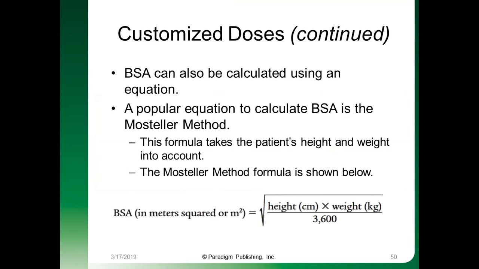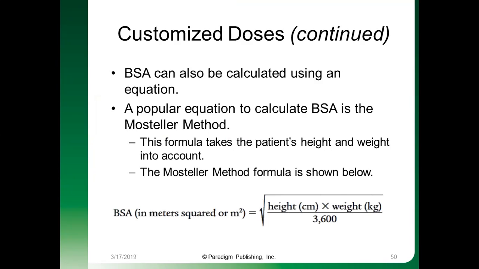Another way to calculate the BSA is using an equation. A popular equation to calculate the BSA is the Mosteller method. This formula takes the patient's height and weight into account. The Mosteller method formula is shown below. BSA in meters squared is equal to the square root of the height in centimeters, so pay attention to that, it's in centimeters, times the weight in kilograms, divided by 3,600.